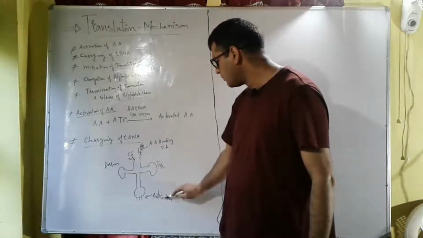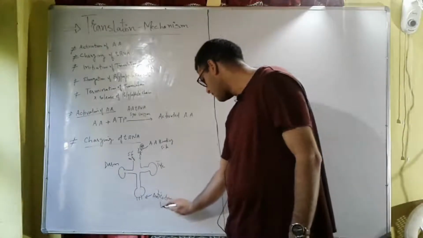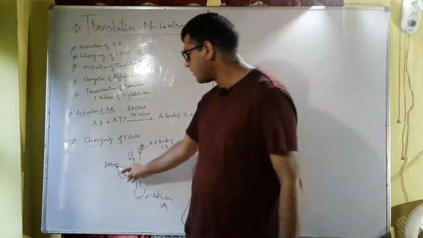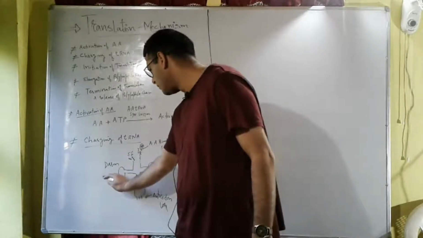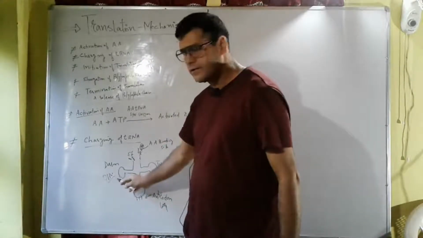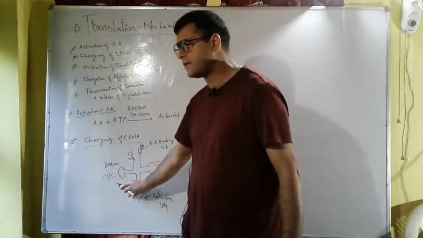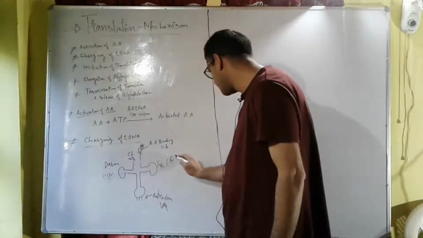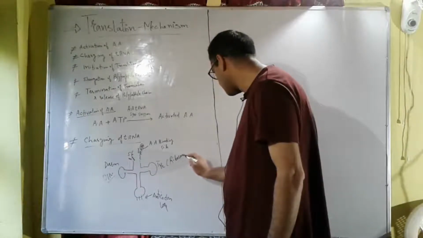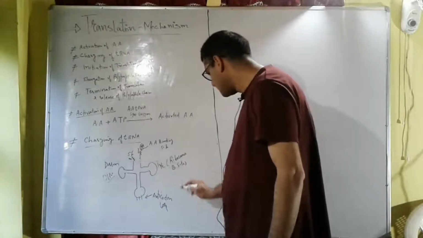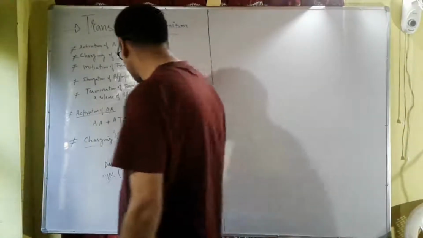This is the anticodon loop, and this is the DHU arm, dihydrouridine arm, where the amino acyl tRNA synthetase enzyme gets attached. So this is the ribosome binding site. This is the anticodon, where anticodons are present.